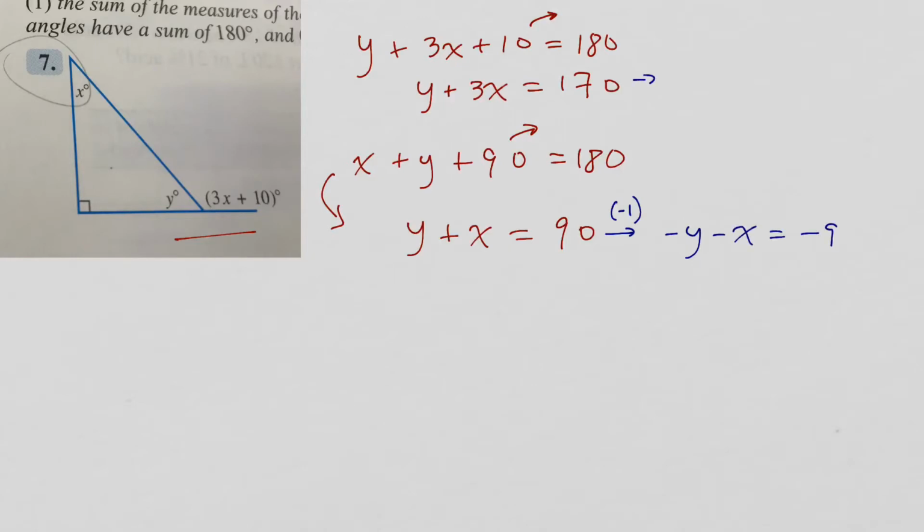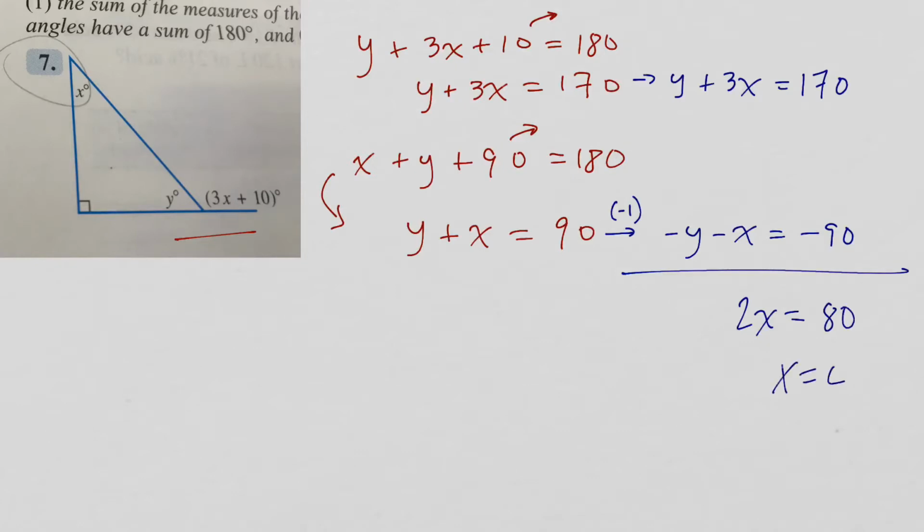I'll leave this one the same. And I'll add these together. Y's go away, 3x plus that is 2x, 170 plus this is 80, so x is equal to 40.